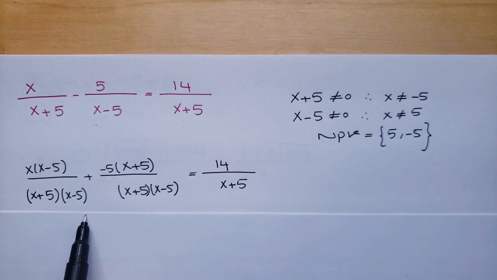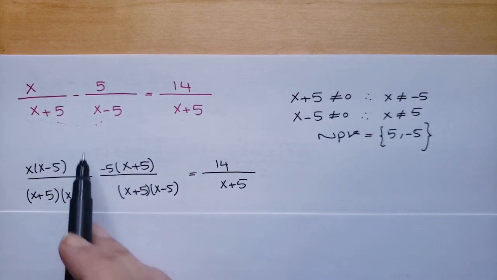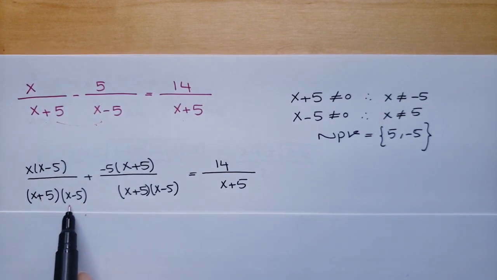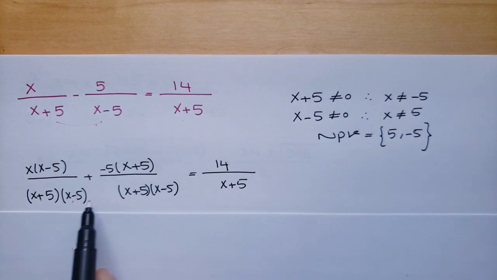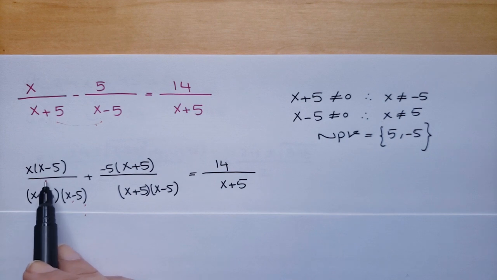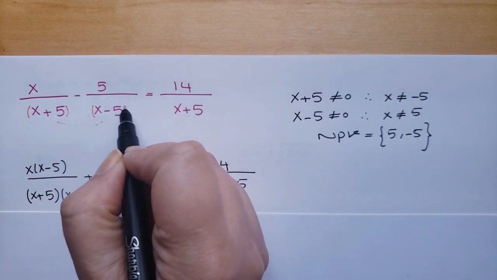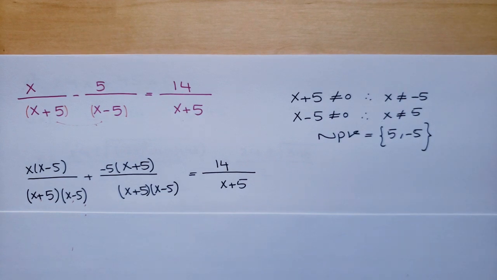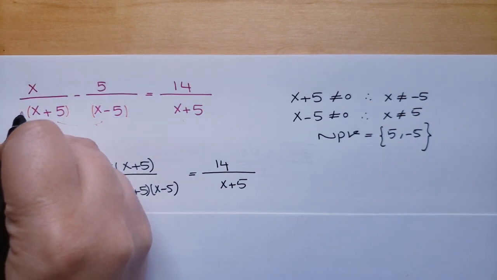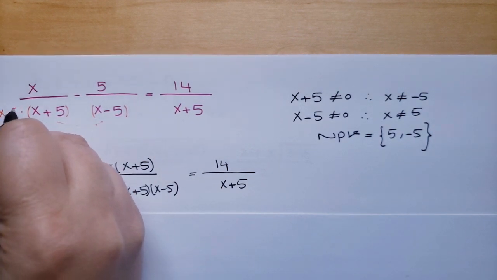So I do common denominator. Common denominator on this side would be x plus 5 multiplied by x minus 5. So I'll do it on both sides. Here, as I just mentioned, I always prefer to put them in parentheses when they are a binomial or bigger expression. So this side is multiplied by x minus 5.